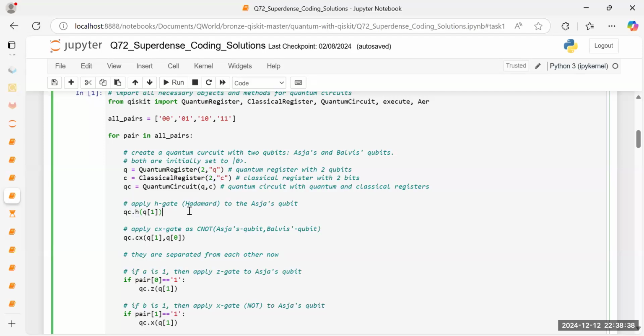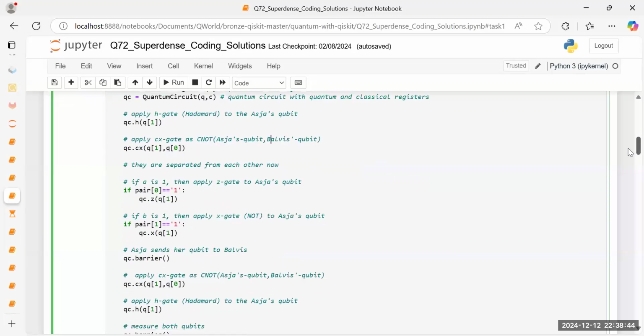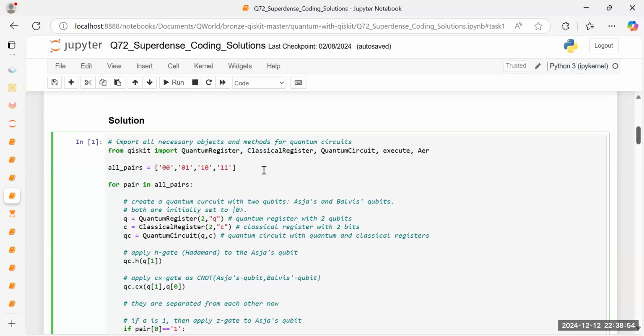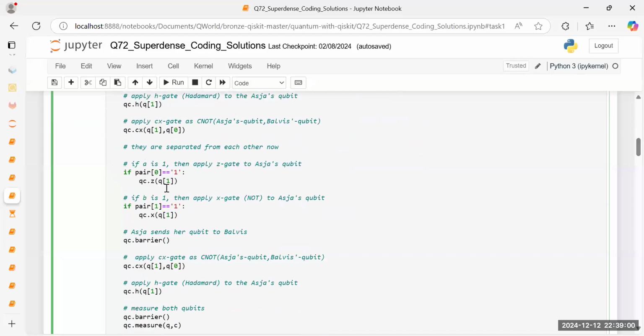And we apply the Hadamard operator to Azure's qubit first, and then the CNOT operator to both qubits. Then when we've done this, we end up at the stage you see here. So depending on the value in the pair that Azure intended on sending, we either apply the Z gates or the X gates or both or none at all.